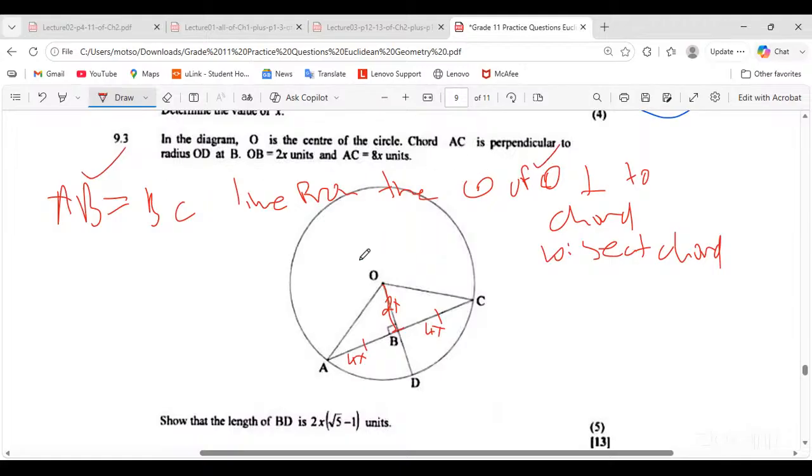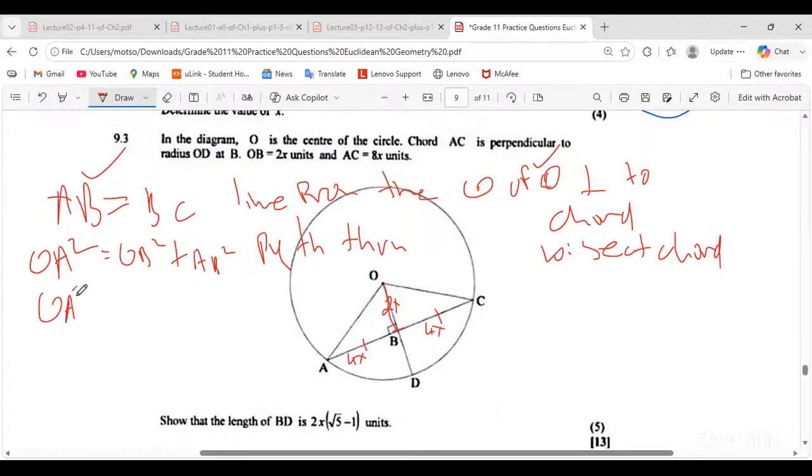Now, you can use Pythagoras theorem because you want the radius, okay? OA squared is equal to OB squared plus AB squared. Why? This is the Pythagoras theorem. What is OA? OA is the one that we are looking for.